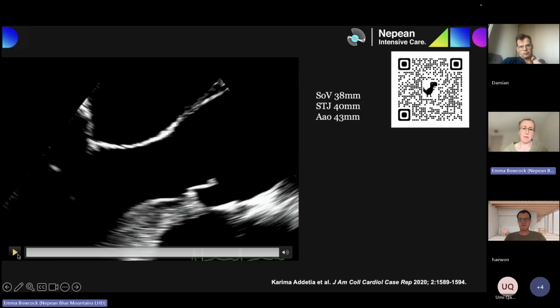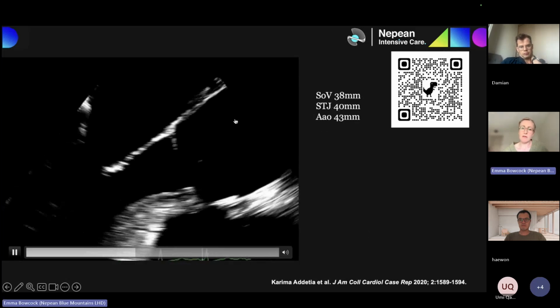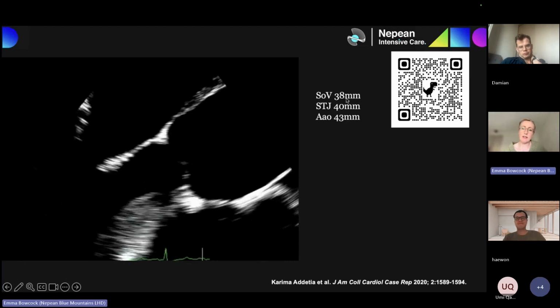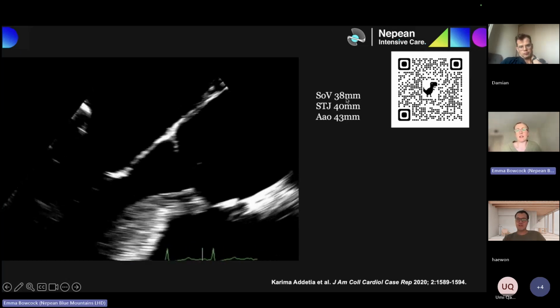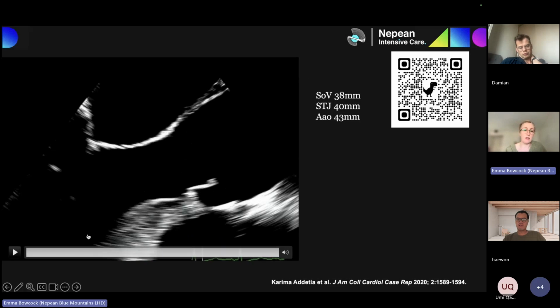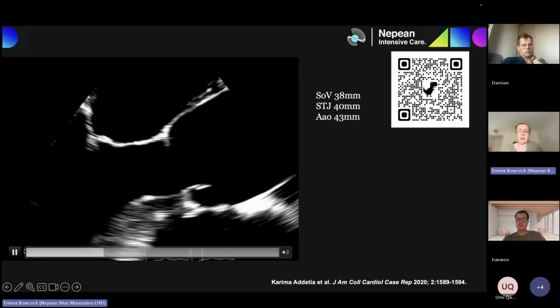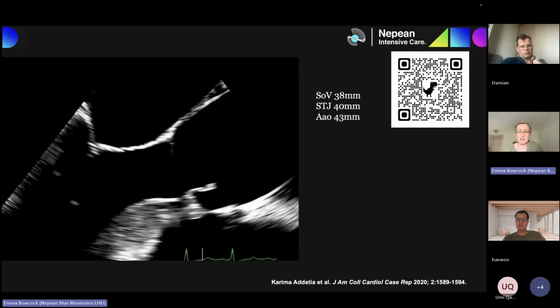What do we think about the measurements? The sinotubular junction is 40. Sinuses of Valsalva are smaller than the sinotubular junction, which is unusual. And the ascending aorta is 43. Is it dilated or not dilated?